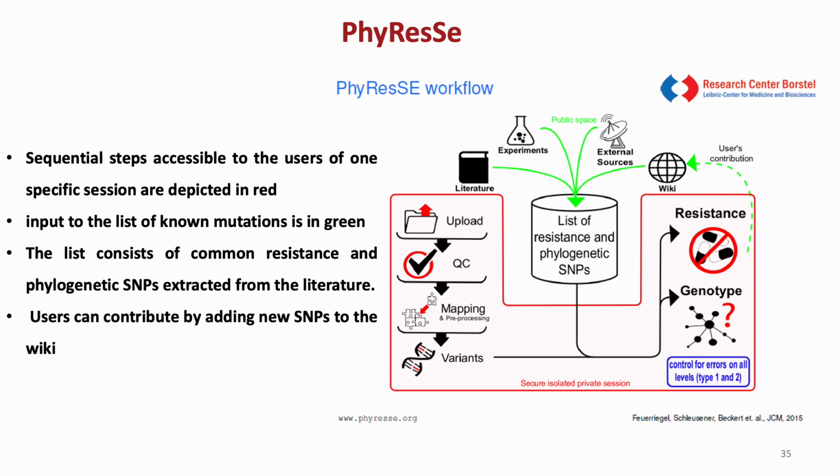From the literature, from experiments, and from other sources of data, the mutations were gathered into the dictionary of mutations in FIRES. The list consists of common resistance and phylogenetic SNPs extracted from the literature, used for drug resistance prediction and lineage assignment in FIRES.